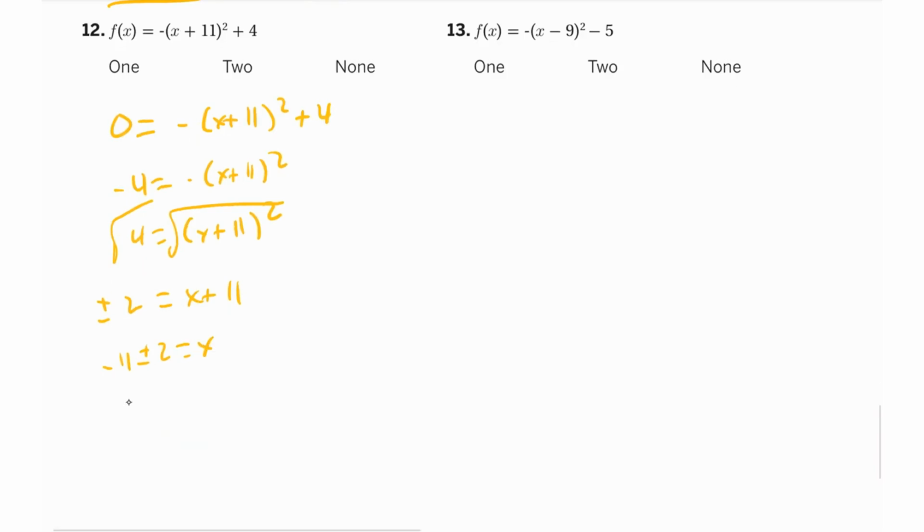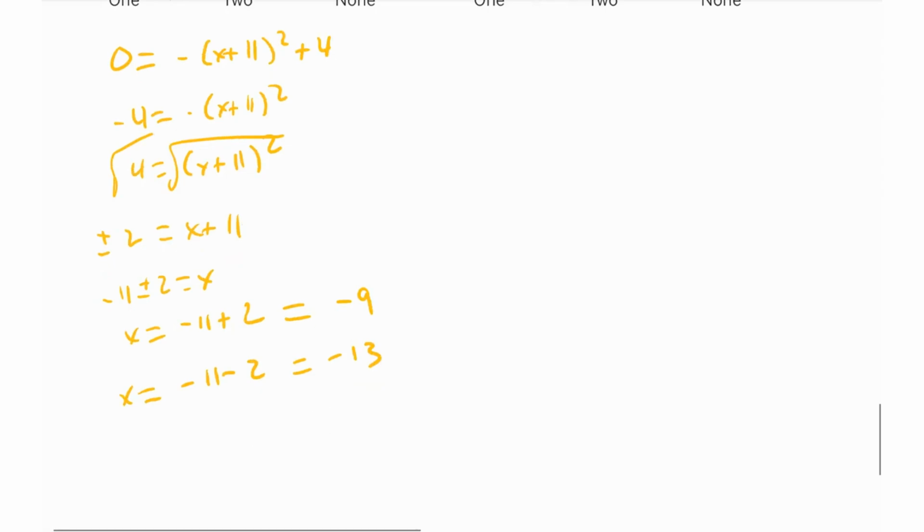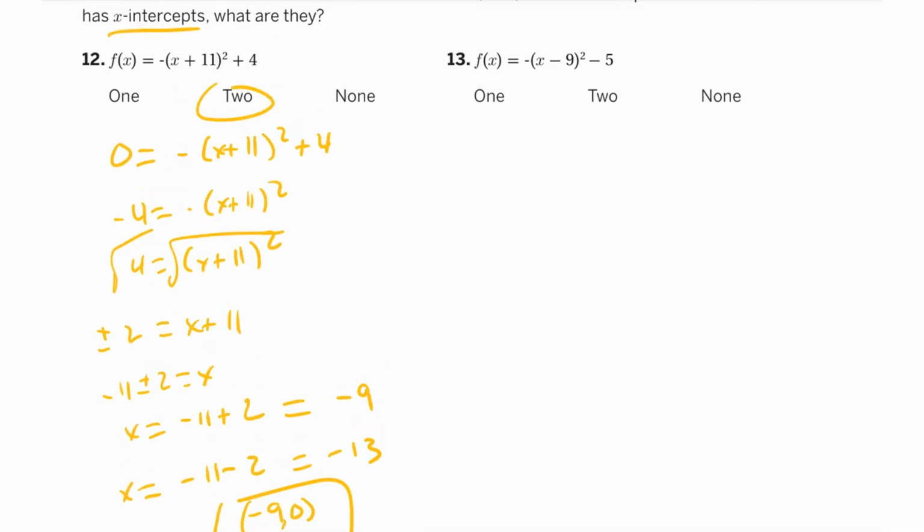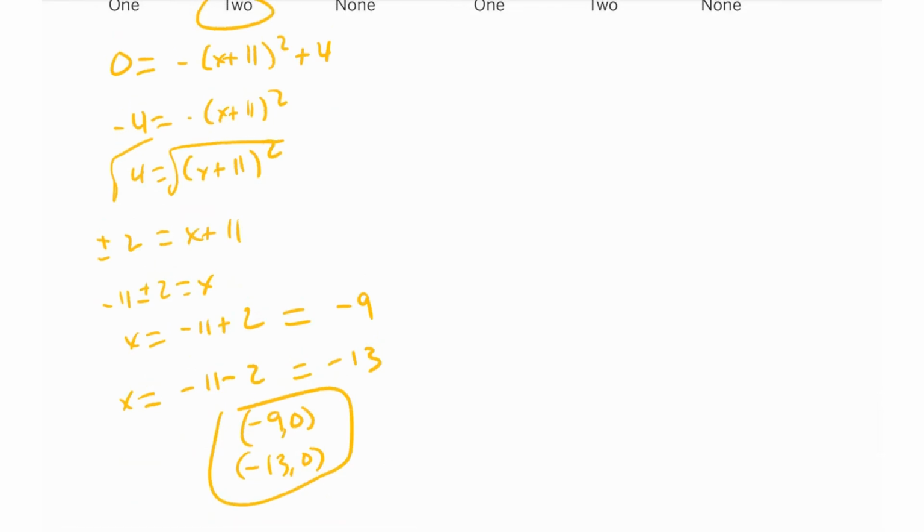So my two solutions are -11 plus 2 and -11 minus 2, which means that I get -9 and -13. So the x-intercepts are -9, 0 and -13, 0. So 2 x-intercepts, at -9, 0 and -13, 0.